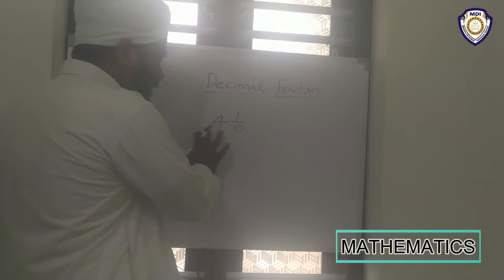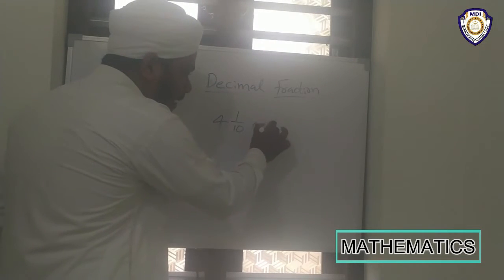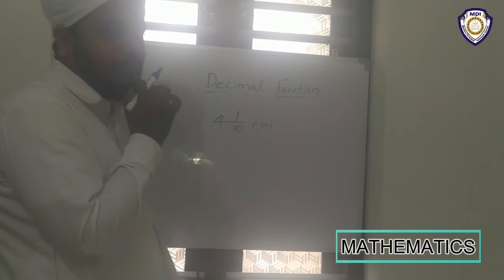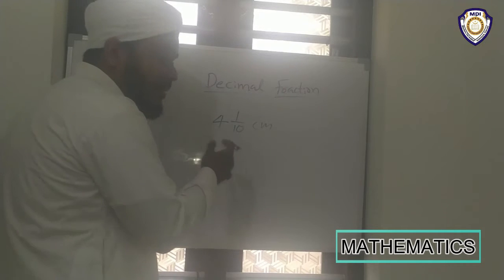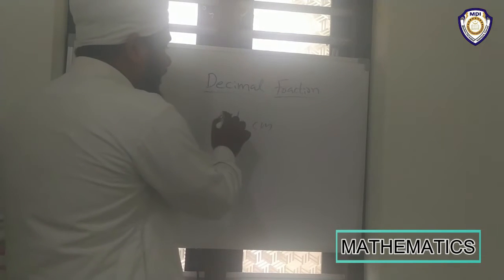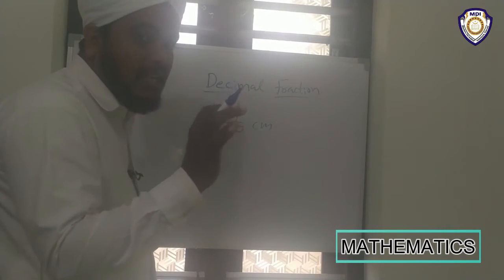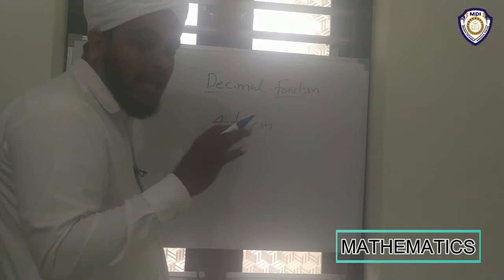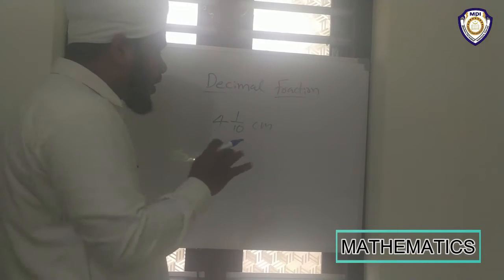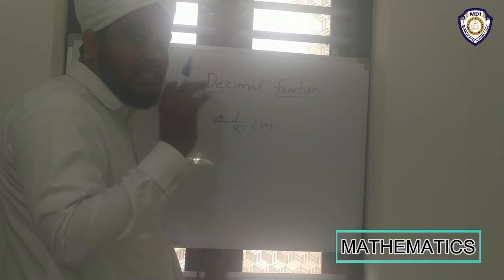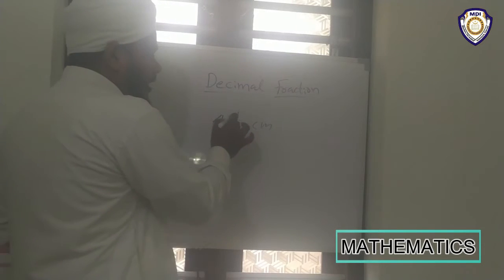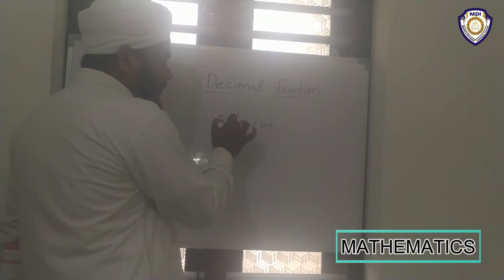Because there is 4 centimeter. 4 1/10 centimeter. More than 4 centimeter, less than 5 centimeter. Then the centimeter can be split into how many divisions? 10 divisions. Then there is only 1 division.